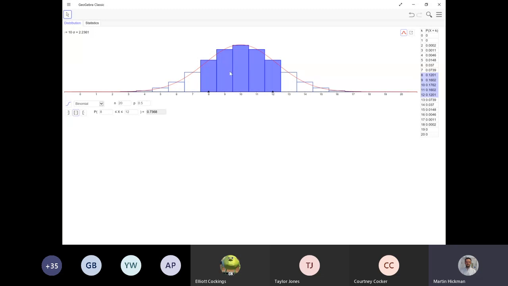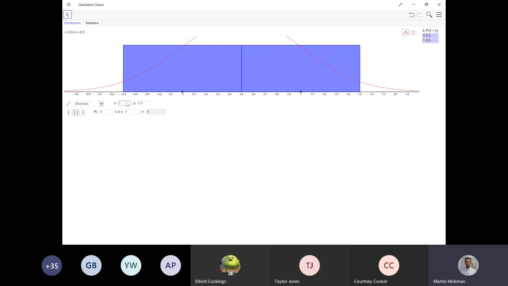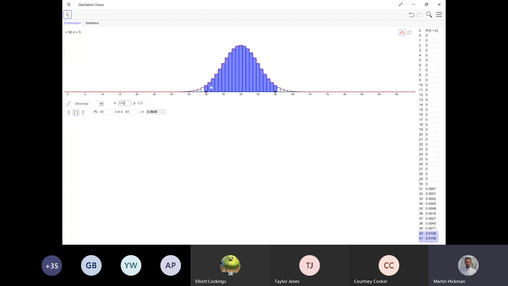Right, so we can see here that the distribution nicely fits this normal distribution curve. Now, as I make n larger, this becomes even better as it refreshes. If I make n really large, so 100, then we get an even better representation of this binomial distribution that fits this normal distribution curve.